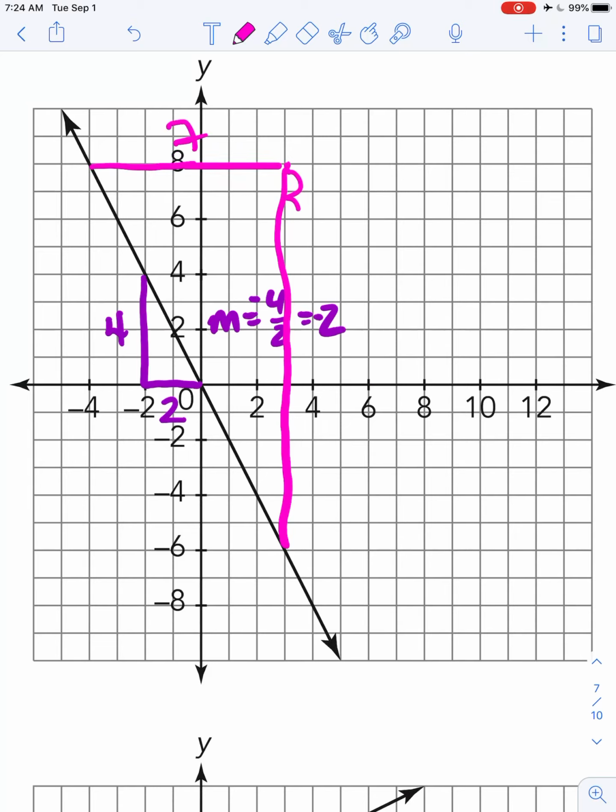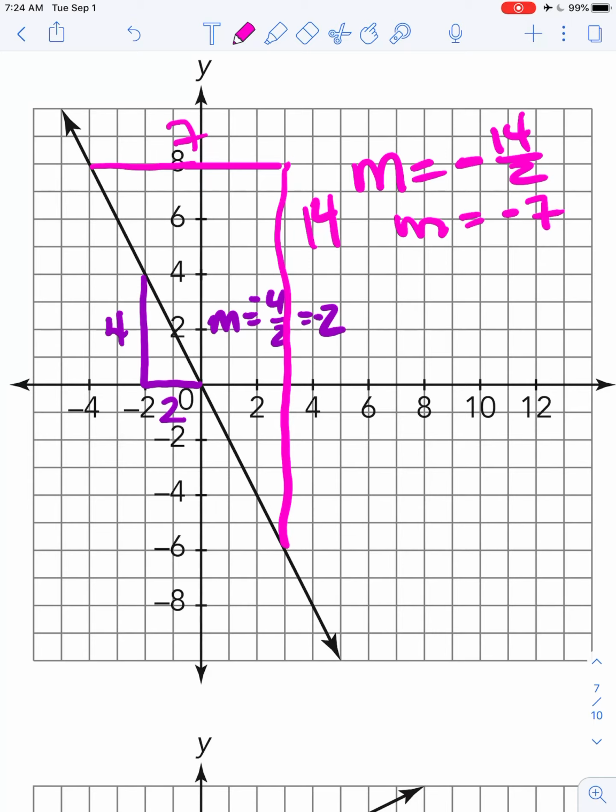And over here I went 1, 2, 3, 4, 5, 6, 7, 8, 9, 10, 11, 12, 13, 14. So this is 14. But remember, my slope is negative. So that would be 14/2, which my slope is -7.